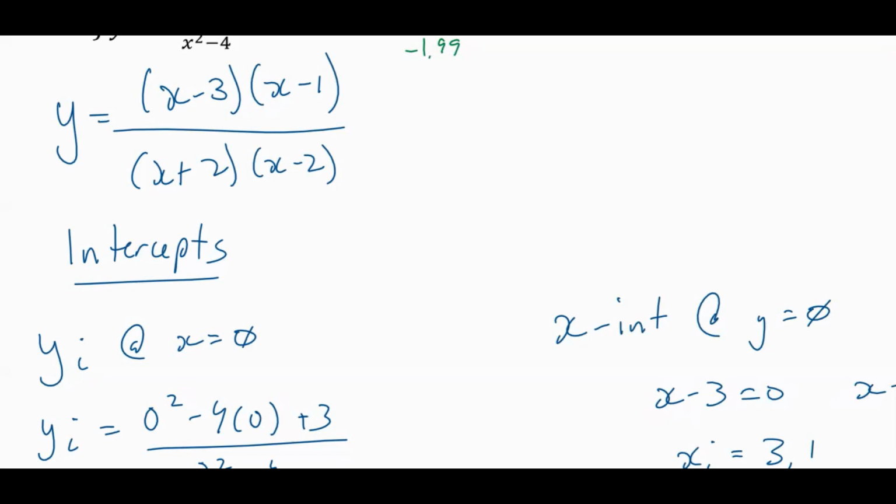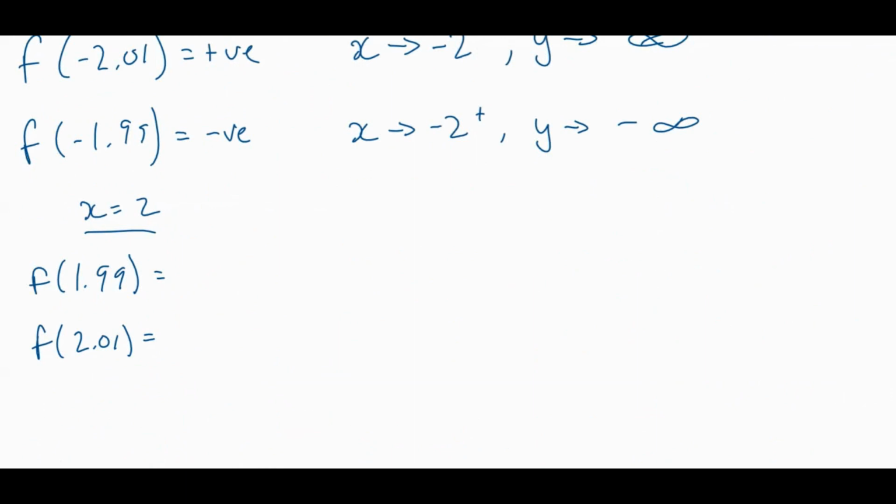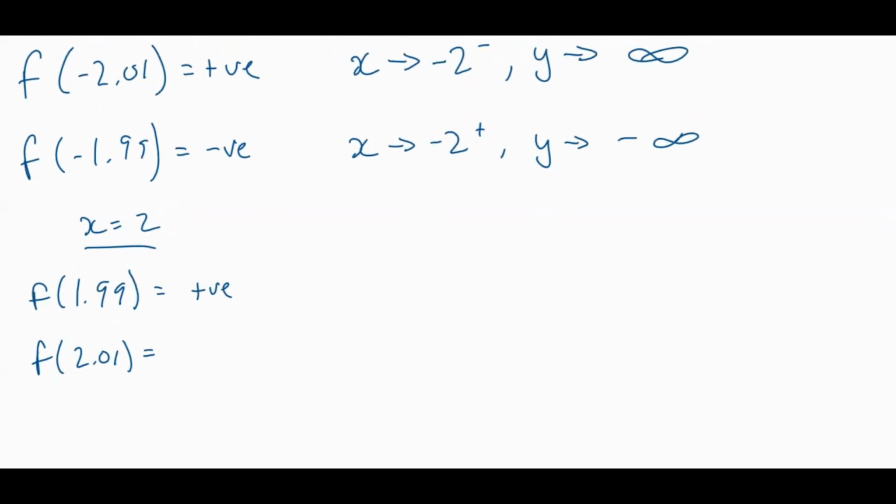So this one should be 2 negatives and makes a positive. And 2.01, when you do the same thing, makes a negative. So this means as x approaches positive 2 from the left, y goes to positive infinity. As x approaches positive 2 from the right, y goes to negative infinity.